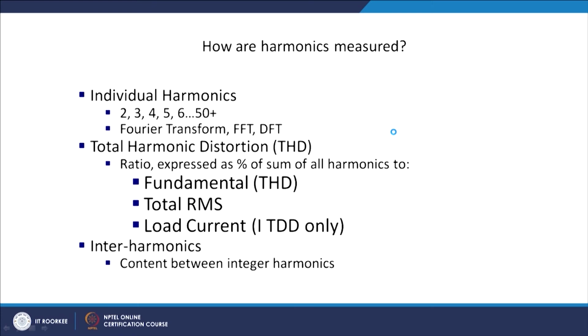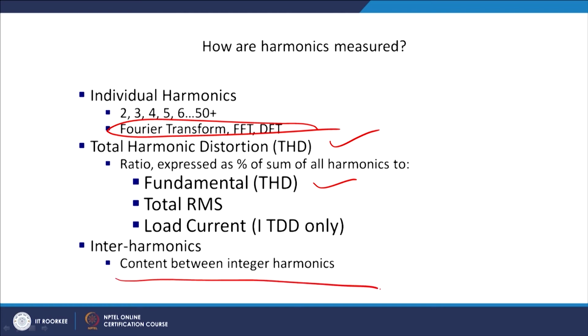For this reason we need to define the individual harmonics, and we know that we can find them by the Fourier transformation. To measure the harmonic content we have a few methods, mainly THD, that is total harmonic distortion, fundamental THD, total RMS, the load current RMS, and there can be interharmonics, which are also another nasty element.